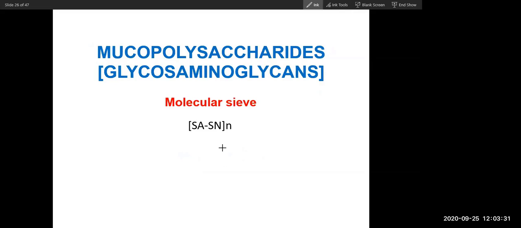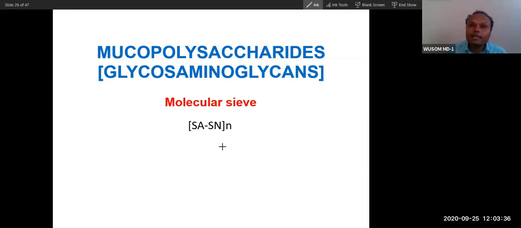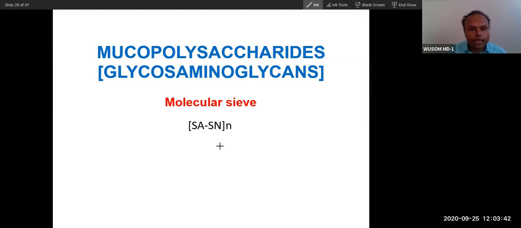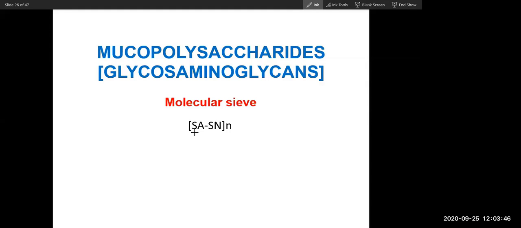Does that mean hyaluronic acid, for example, is a mucopolysaccharide? Yes, hyaluronic acid is a mucopolysaccharide. It has one sugar acid and one sugar amine.